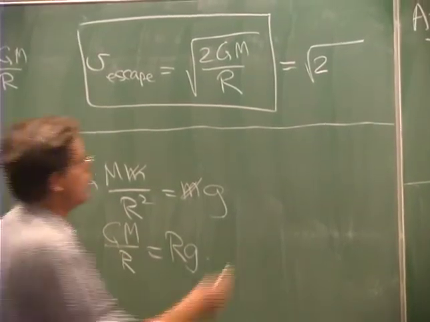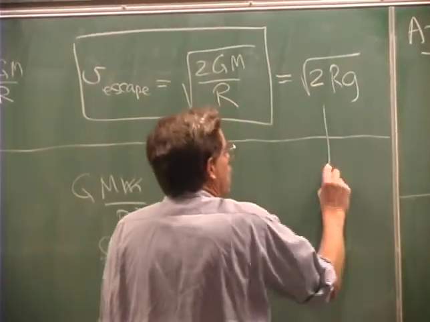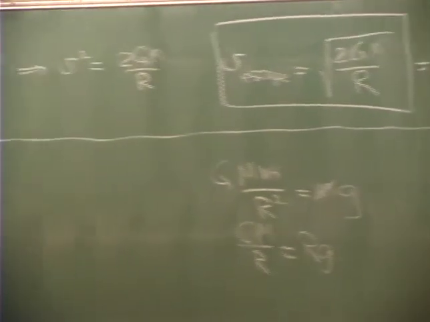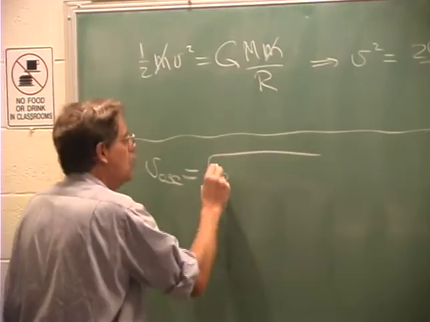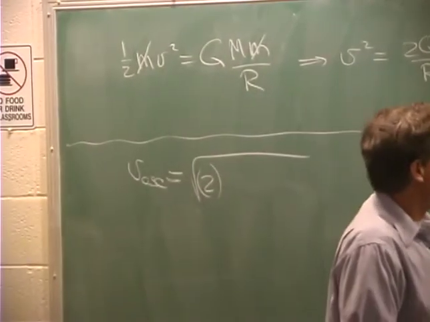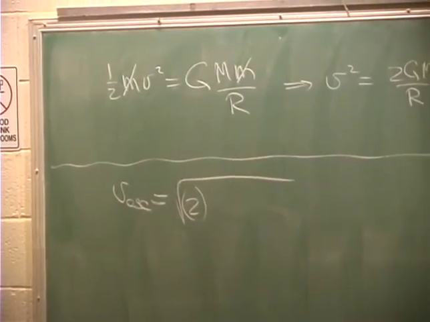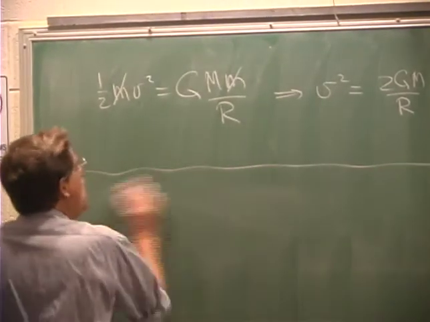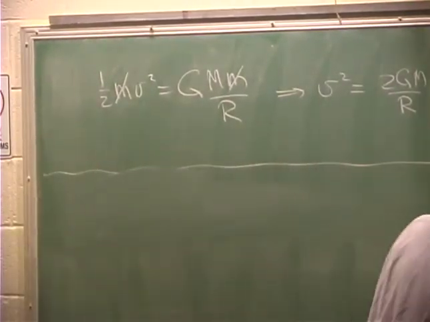And now you know. So this is equal to the square root of 2RG. Okay, so v escape for the Earth is the square root of 2 times the, no, wait a minute. I still need the radius, it's the mass I brought. Ah, forget it.